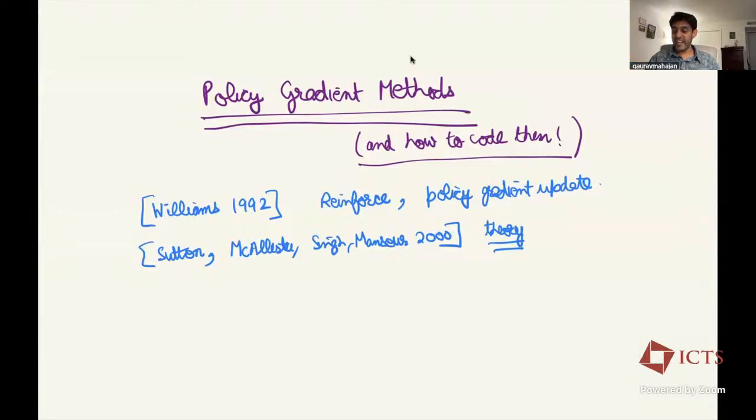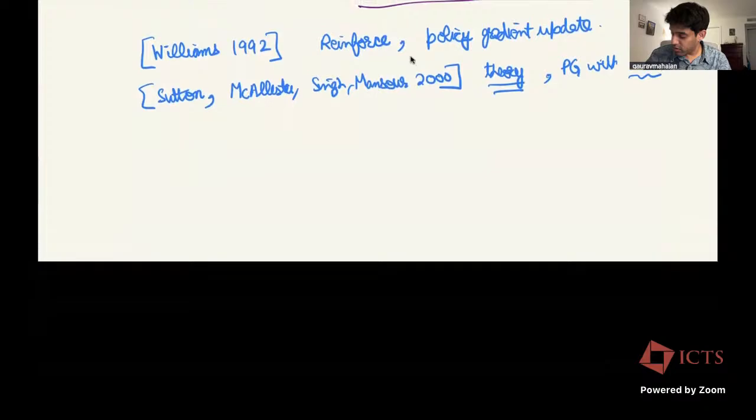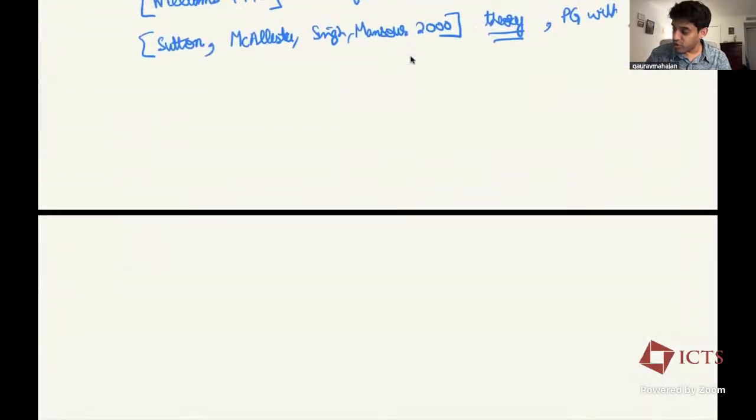How does that change when you want to do a policy gradient with function approximation, the FAs? So they were the ones who started talking about the theory of policy gradient with function approximation.